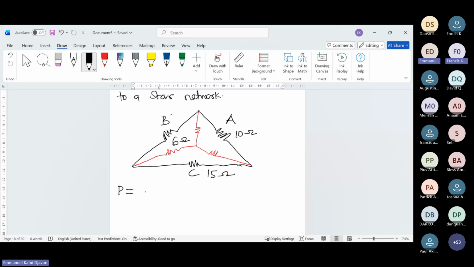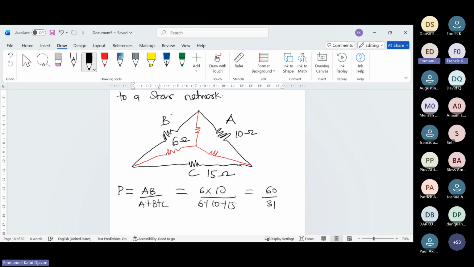P will be equal to AB all over A plus B plus C. That will give us 6 times 10 all over 6 plus 10 plus 15. That will give us 60 over 31.